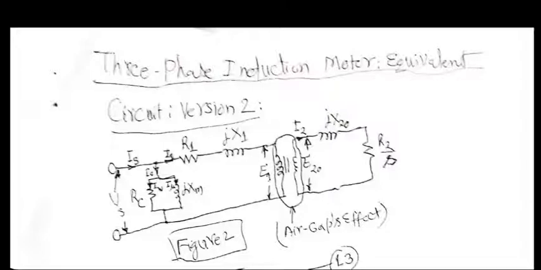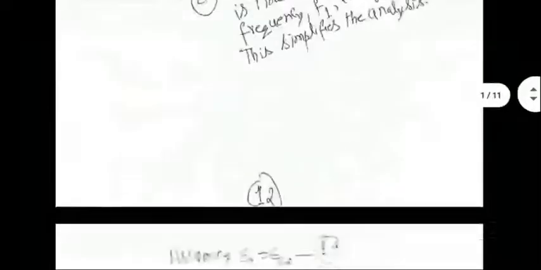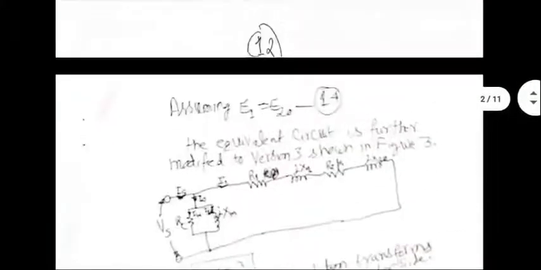So X2 naught will be multiplied by the turns ratio square when it goes. If I reflect everything on the stator side, this is a mathematical simplification I'm trying to make to the equivalent circuit. I'm trying to refer everything to the primary side or the stator side.